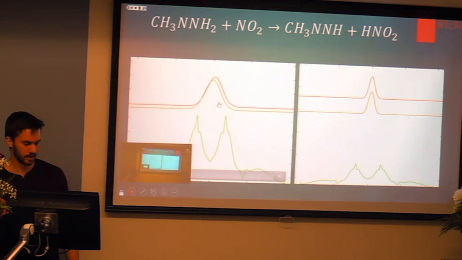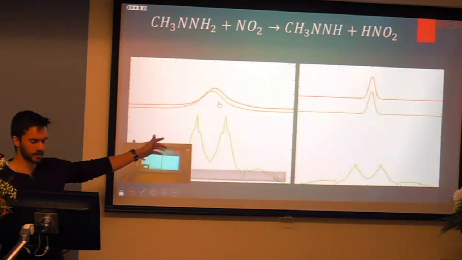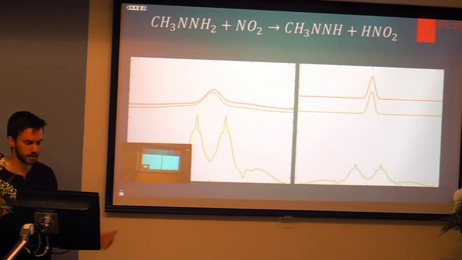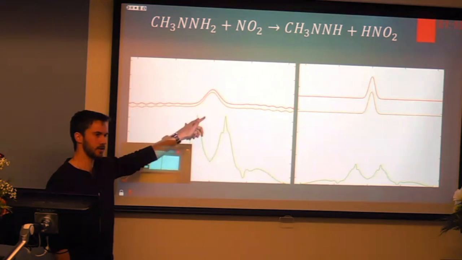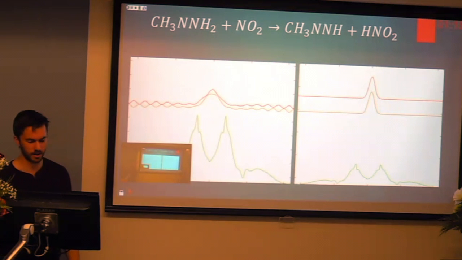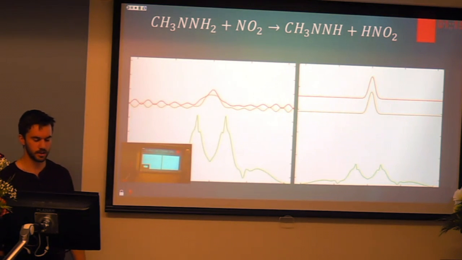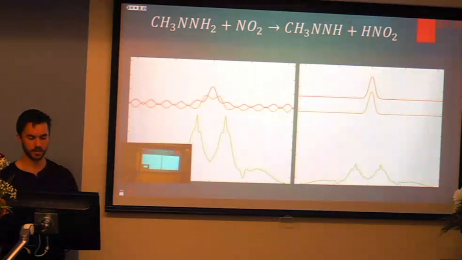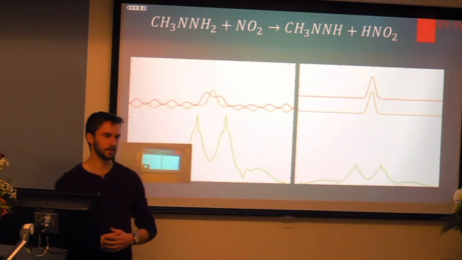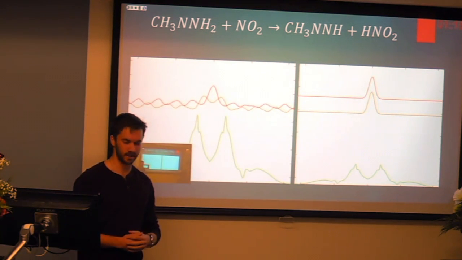So this green is activation energy, and this one is with zero initial momentum, and as you can see, it still overcomes the activation energy pretty easily. Like I said earlier, spontaneous.